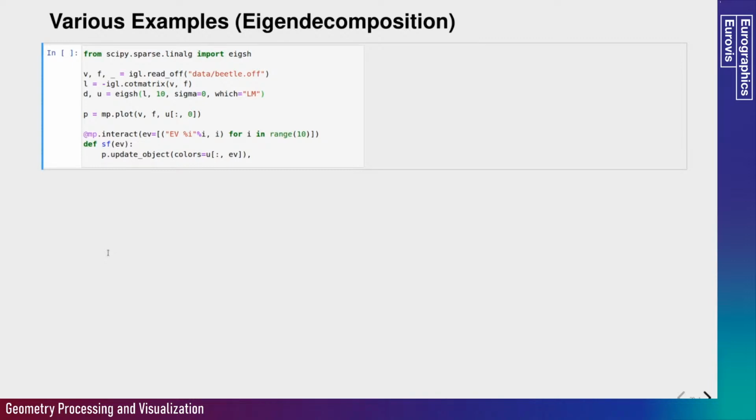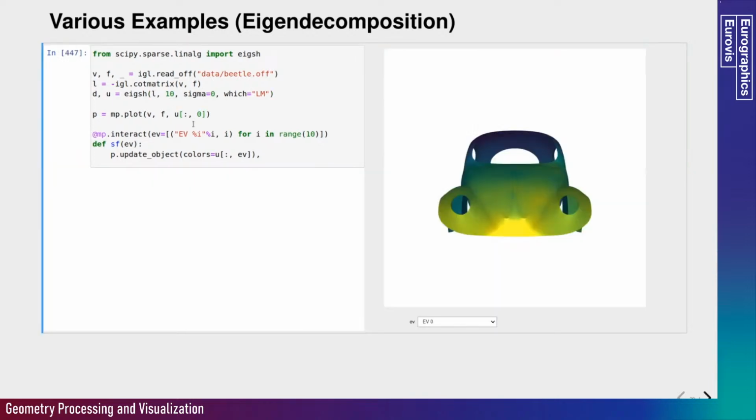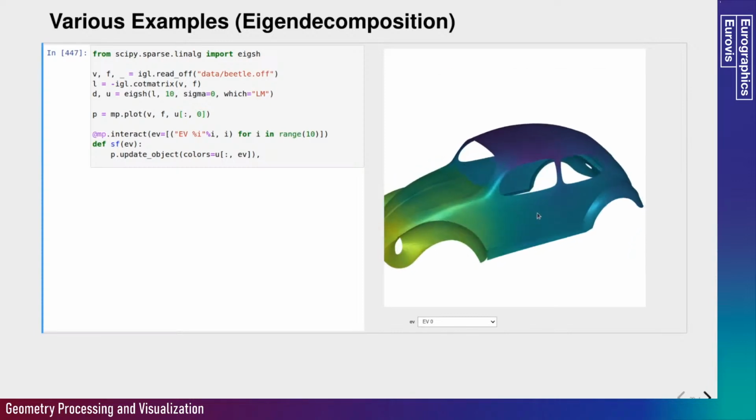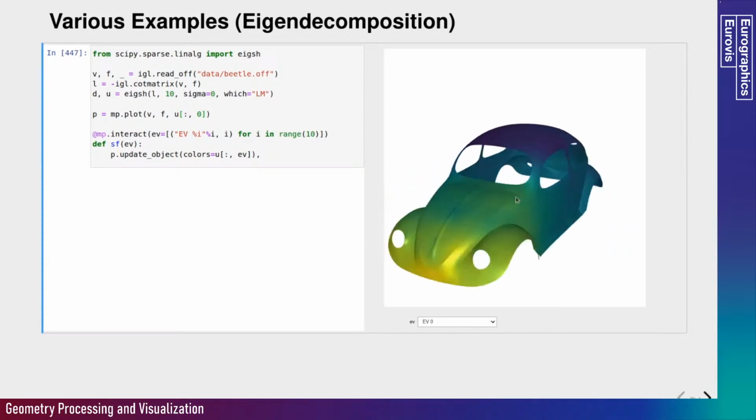So the first example is about eigendecomposition, and we've seen this before. The basic idea is to calculate the eigenvectors and eigenvalues of a cotangent Laplacian matrix and then visualize those. We've seen this before in mesh smoothing, and here we just visualize the eigenvectors to get a feeling on how they work.